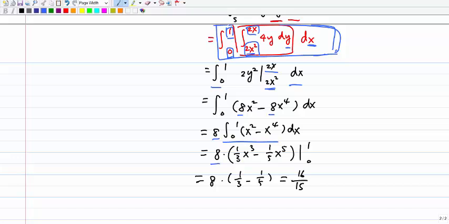Integrating, we have 8 times 1/3 x cubed minus 1/5 x to the fifth, evaluated from 0 to 1. That is 8 times 1/3 times 1 cubed, minus 1/5 times 1 to the fifth, minus 0, which is 8 times (1/3 minus 1/5). You do the calculation and it will be 16 over 15. So that's the final answer.